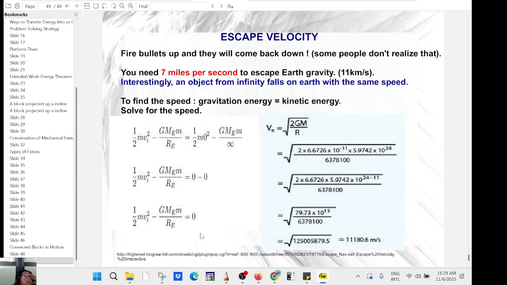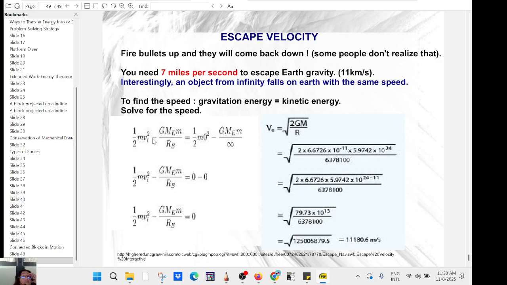Okay, application: escape velocity. If you want to escape the Earth, the computation is quite simple. If you remember, the gravitational potential energy of a mass on Earth is negative because it's binding. We took the force and integrated it to get the gravitational potential energy of a mass on Earth.